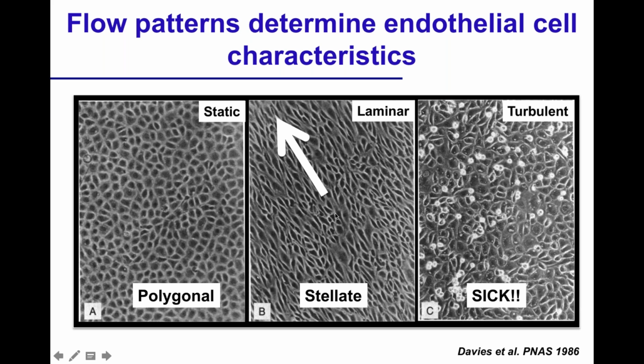If you look at the middle panel, the blood flow is directed over the cells in a particular direction. In this case, you have a stellate appearance of the cells, which orient themselves in a particular direction in the setting of laminar flow. And then finally, if you have turbulent flow, you get a situation where the cells basically look sick and die.